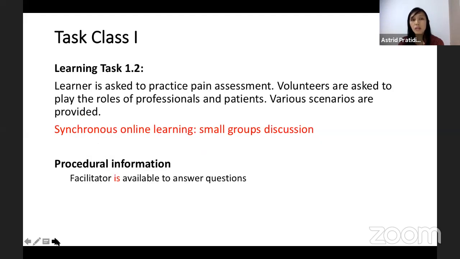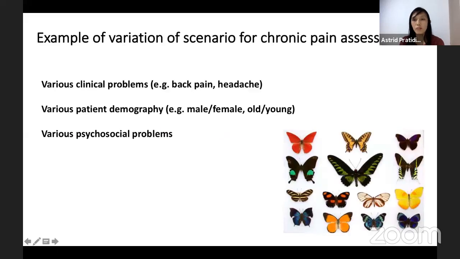In the learning task 1.2, you can ask the learner to practice pain assessment, and you can ask for volunteers. It will be nice to have a synchronous online learning session, and you can provide various scenarios. I would like to present an example of scenarios here. So if you remember the story of the butterfly that Jeroen has presented, you can make variations of scenario for chronic pain assessment by varying the clinical problems, the patient demography, or the psychosocial problems.